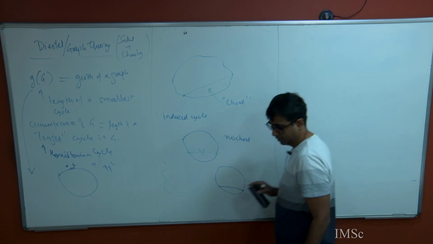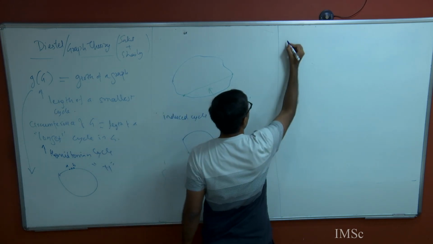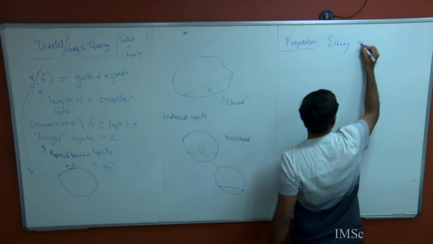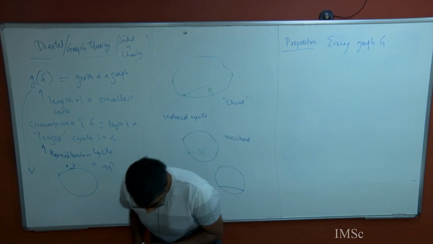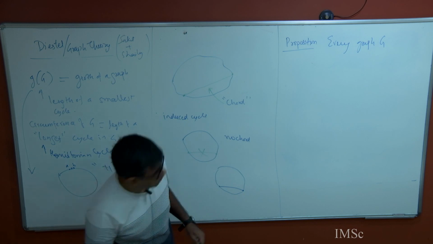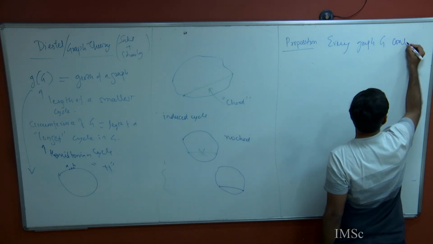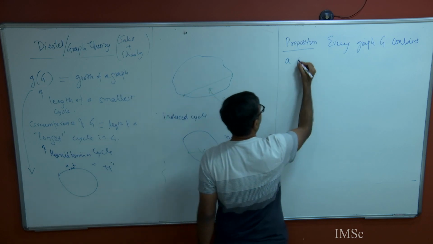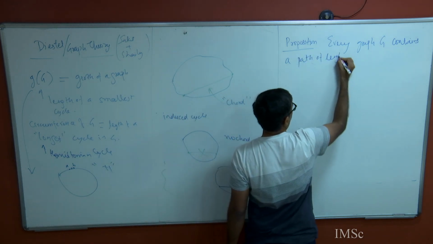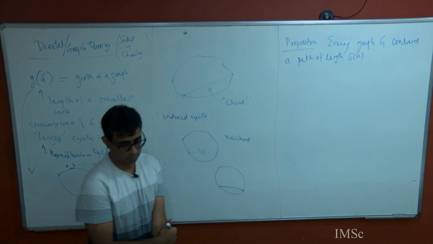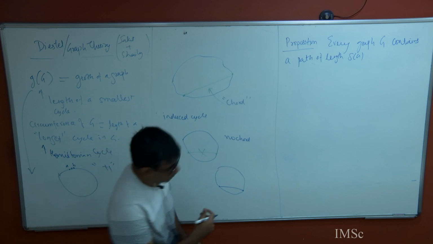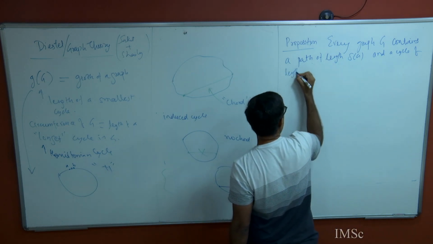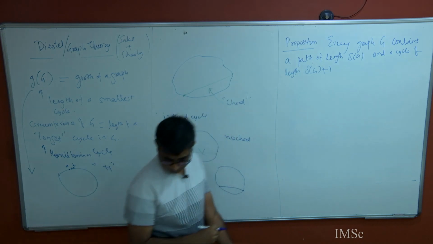Okay, so here is a simple proposition. Every graph G contains a path of length delta G, and a cycle of length delta G plus 1.